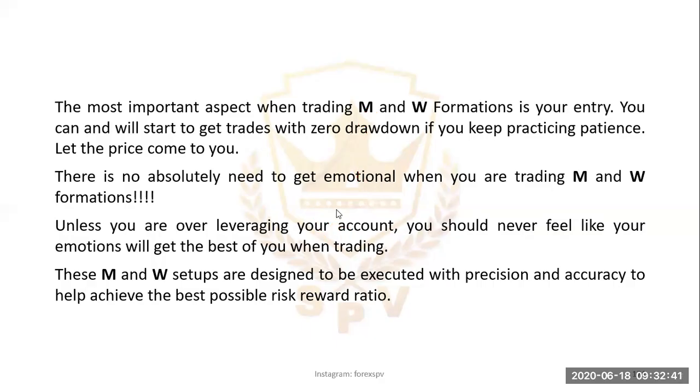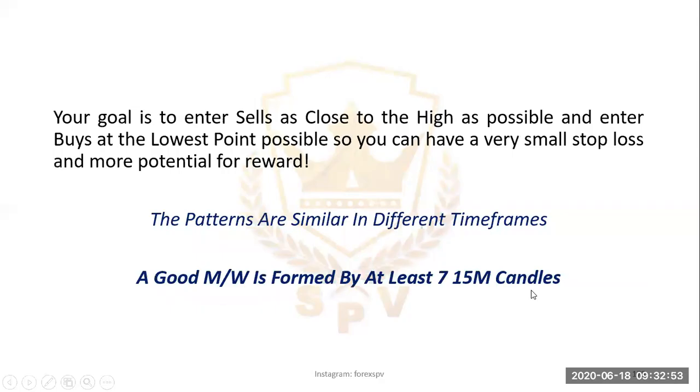See, M and W setups are designed to be executed with precision and accuracy to help you achieve the best possible risk-reward ratio. Because when a W is formed and the market moves up, then right here we have the low of the day. So you're entering your buys at the lowest possible point of the day.